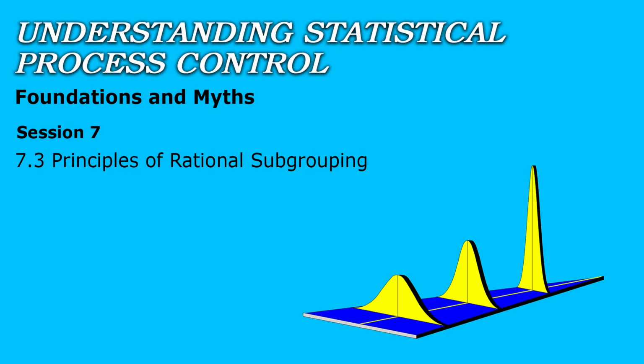To summarize the lessons of Section 5.3 of Understanding SPC, we now turn to the principles of rational subgrouping covered in Section 5.4. But first, we will consider Exercise 5.2 on page 116.